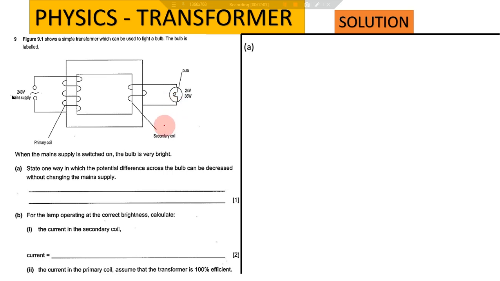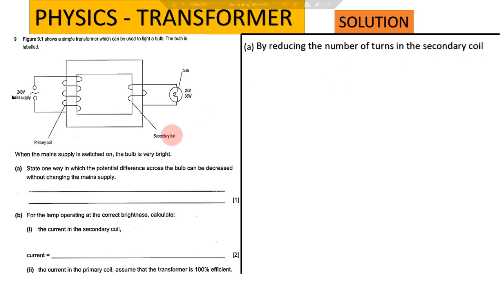Then if you want to reduce the potential difference or the voltage on the secondary coil, you have to reduce the number of turns. So for you to be able to decrease the potential difference across the bulb, what you're going to do is just reduce the number of turns in the secondary coil. So our answer there is by reducing the number of turns in the secondary coil.